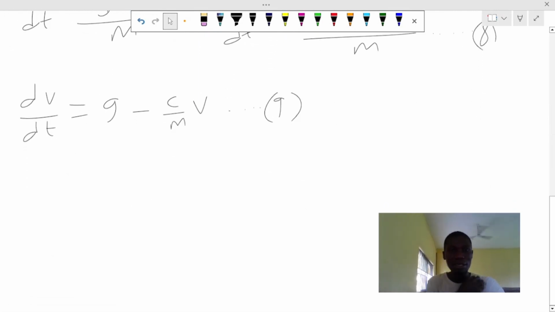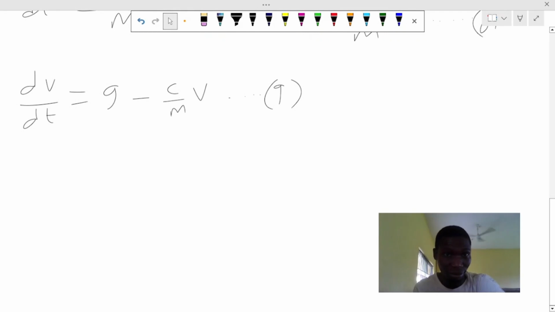Now with that being said, equation 9, recall that we are looking for the terminal velocity. At initial conditions, velocity is 0 and time is 0. Let's leave that out for now, but note that we're going to use that later.